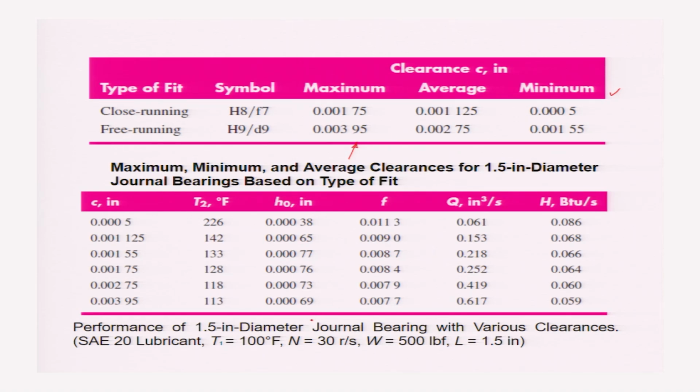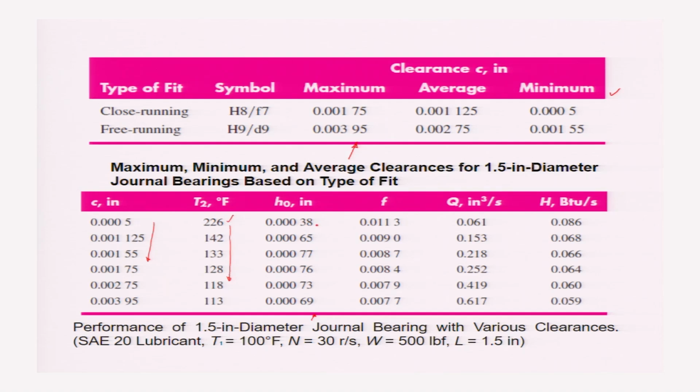Now, this table is showing the performance of a 1.5 inch diameter journal bearing with various clearances. You see, the clearance is increasing in this direction, and with the increase in clearance, T2 is earlier very high, 226 Fahrenheit, and it is reducing, and that was shown in the graph also.